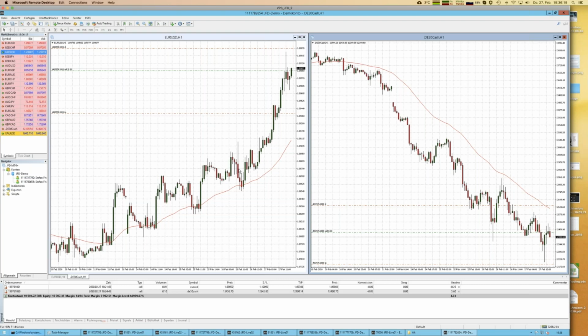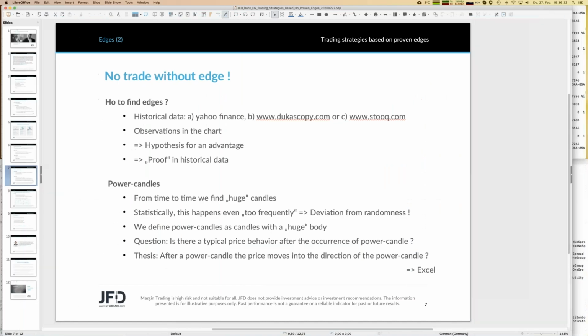So therefore, I only talk about power candles if the candle body is really big. And our hypothesis is that after such a power candle, the price moves in the direction of the power candle. So a long power candle will be followed long, and a short power candle will be followed short. And now the good thing is we can investigate that directly, for example, in Excel.